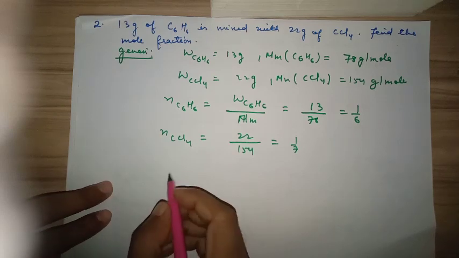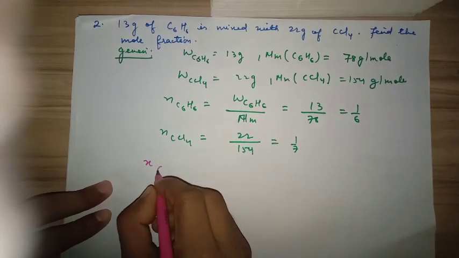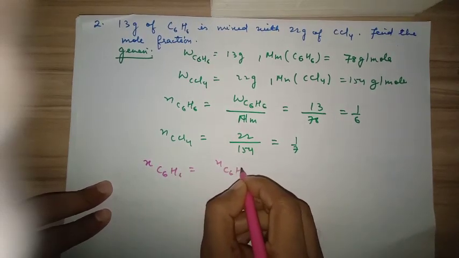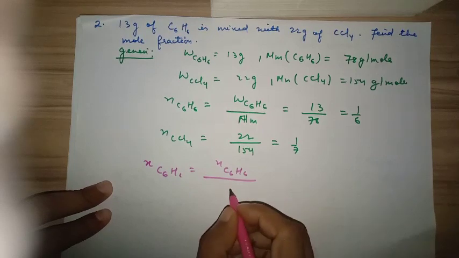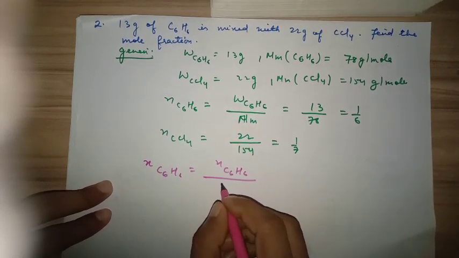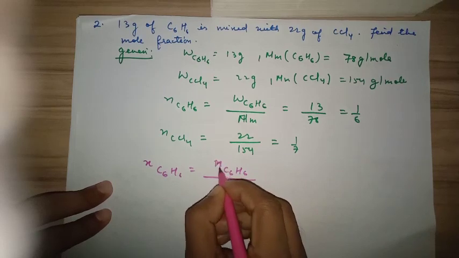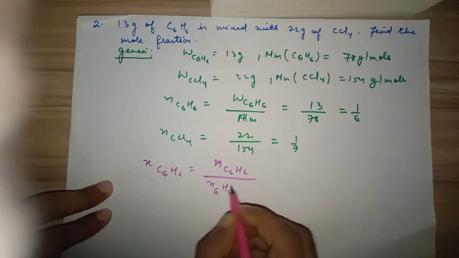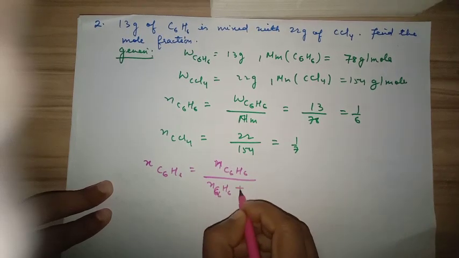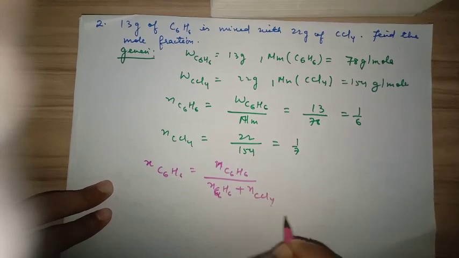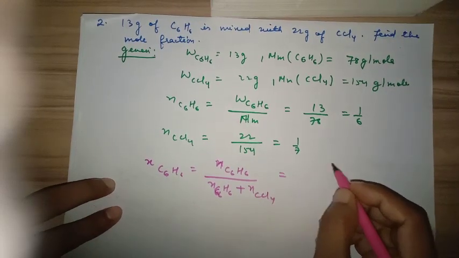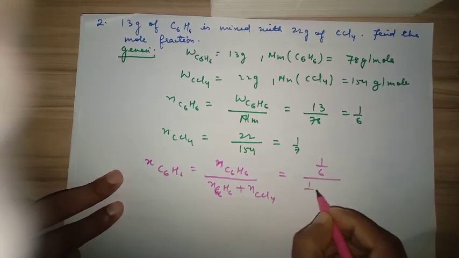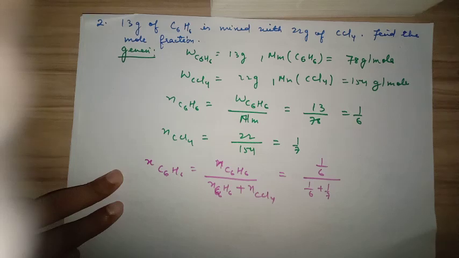To move further we have to find the mole fraction of C6H6. So we have to write it as n C6H6 upon the total moles of solute and solvent, that will be n C6H6 plus n CCl4, and that will be given as 1 by 6 upon 1 by 6 plus 1 by 7.